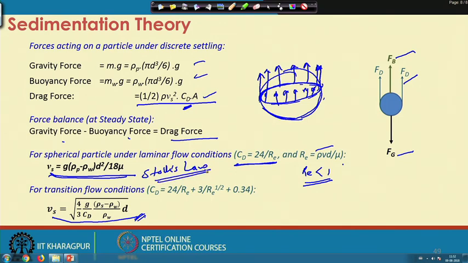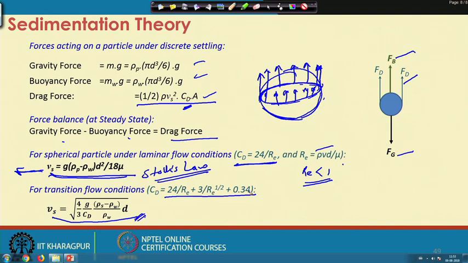A particle settling in water under laminar flow condition will have a settling velocity V equal to g into density of particle minus density of water into d square, divided by 18 mu. We earlier saw this while discussing the grit chamber in the previous lecture. So, this is how we get the settling velocity of a particle under laminar flow condition.